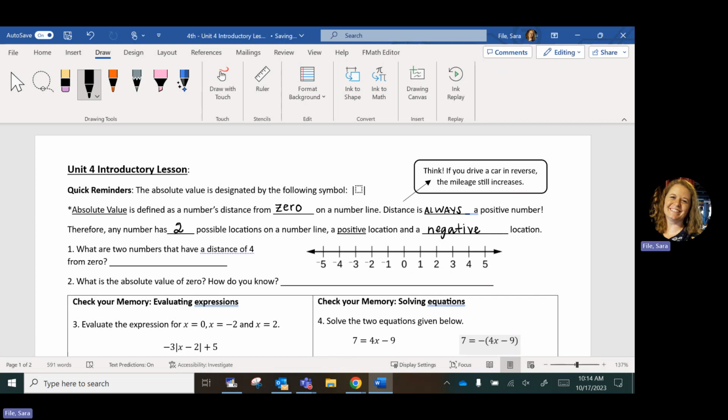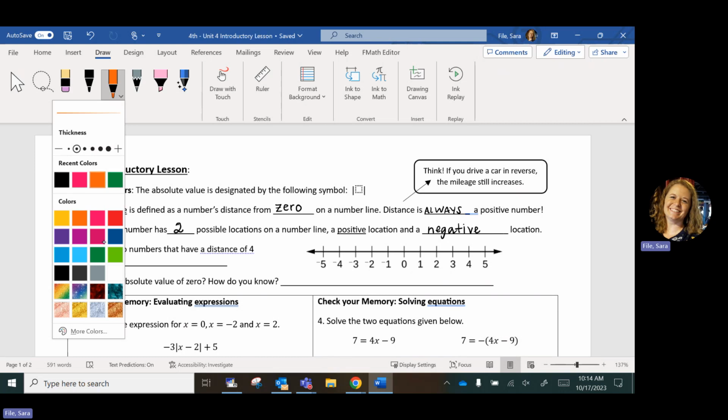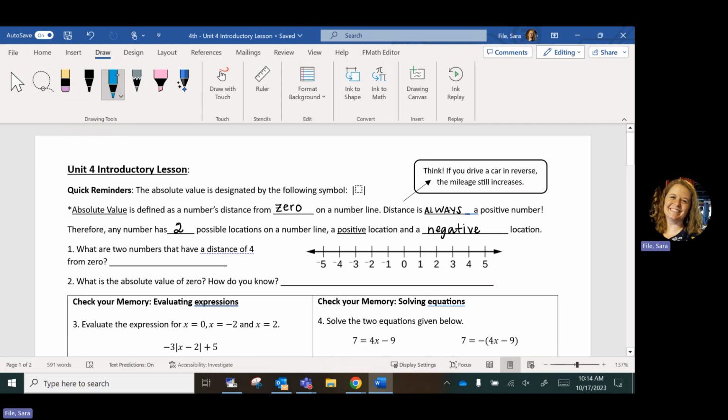There we go. Okay. So for instance, if I want to be a distance of 4 away from 0 on my number line, where is one location I could be on this number line? I could be at -4 because that is a distance of 4 from 0. Where else could I be? I could also be at +4.